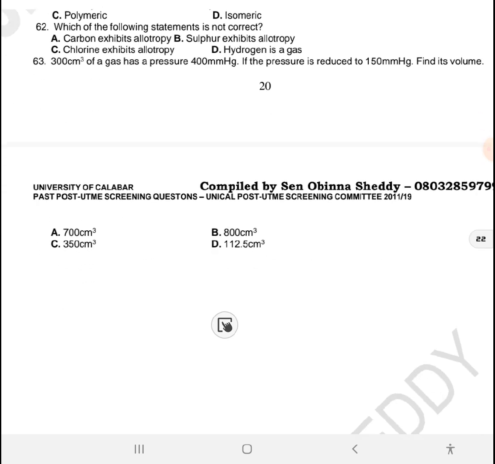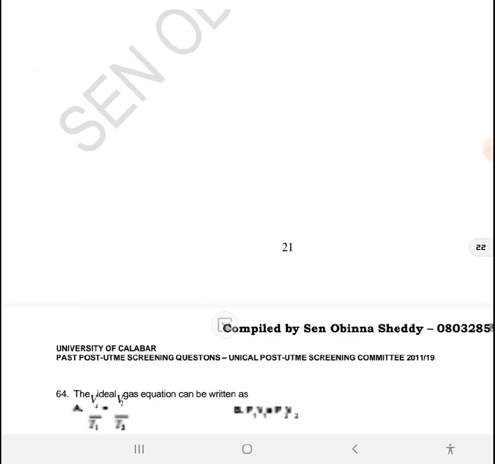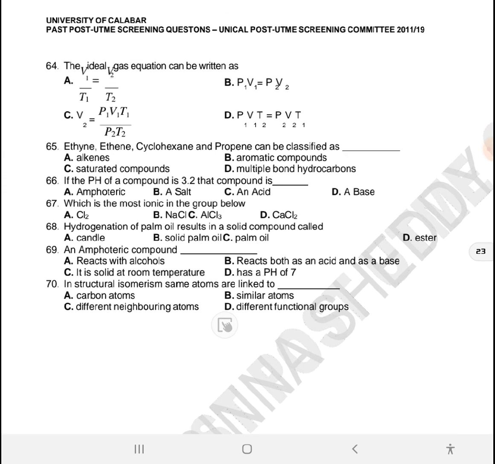63 has to do with gas law. 64. The ideal gas equation can be written as, let's see, that's 64. Not really clear.